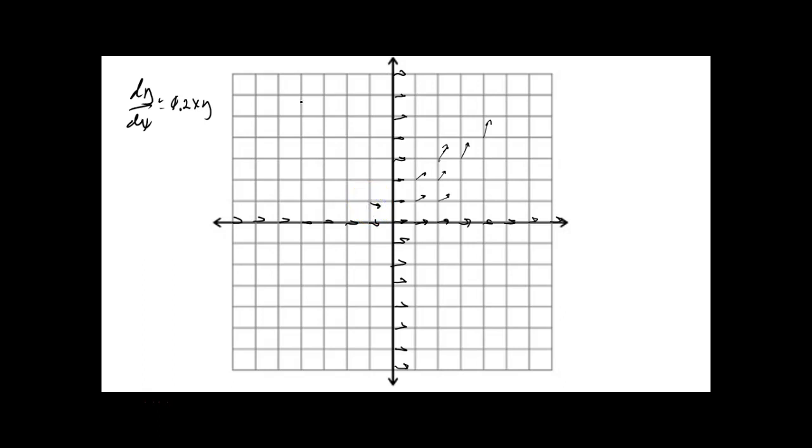Negative 0.2. Okay. Slightly negative. And this would be a little more negative up here if you did negative 1, 2. That would be a little more negative, and then a little more negative. Yeah, after a while you get the idea.